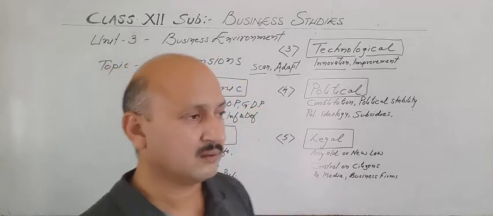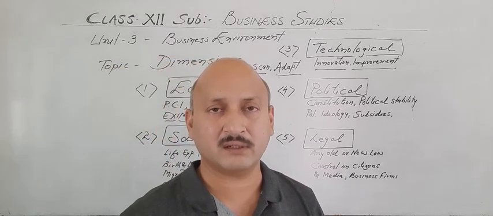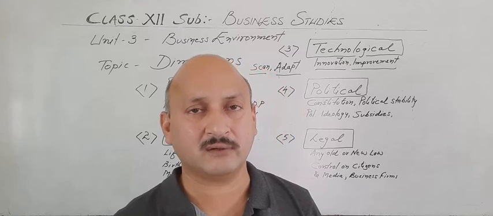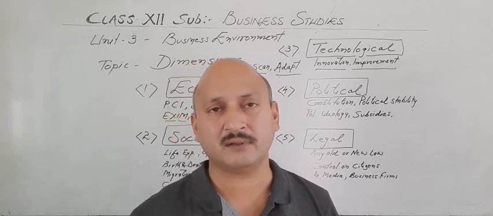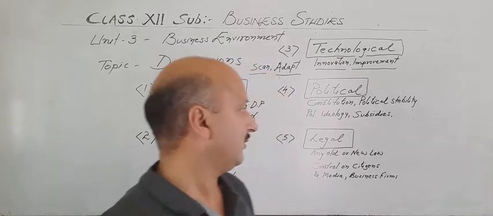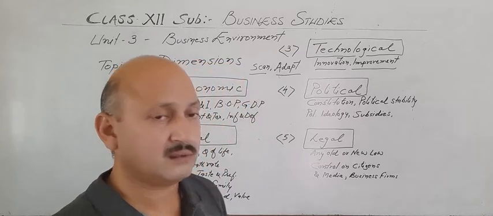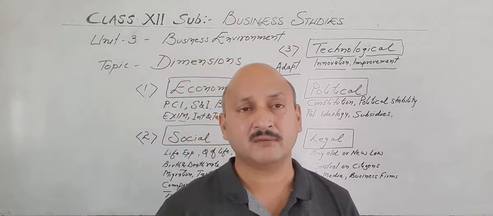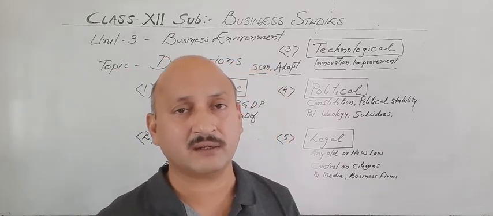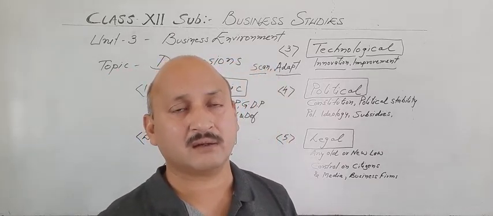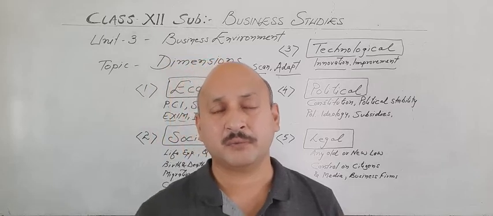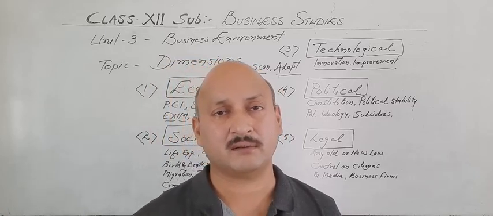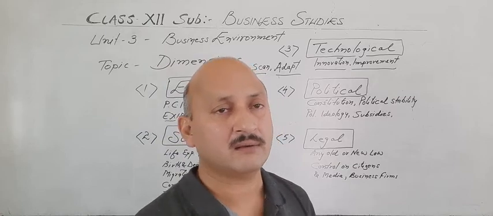So overall, there must be political stability. Government must serve for at least their full tenure, that is of 5 years. And if there is any change in the business environment or political environment, we have to be aware enough and scan it and prepare our adaptation plan, that how we can survive in it.